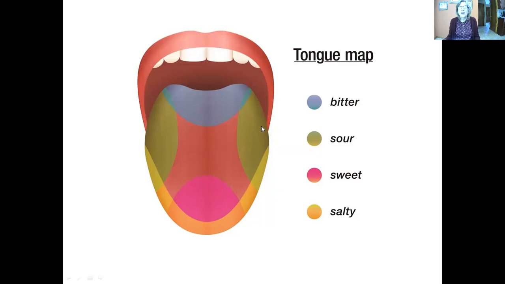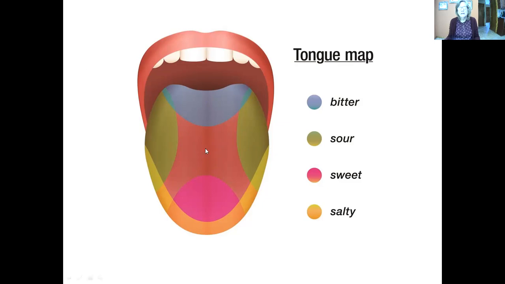All right, over here in the green, on both sides of your tongue, is where you taste sour things, like a lemon. Have you ever tasted a lemon before? And then at the back of your tongue in the blue is where you can taste bitter things. Now, bitter is kind of hard to describe. It's kind of close to sour, but sometimes there's like a baking chocolate that's very, very dark and it has a bitter taste.